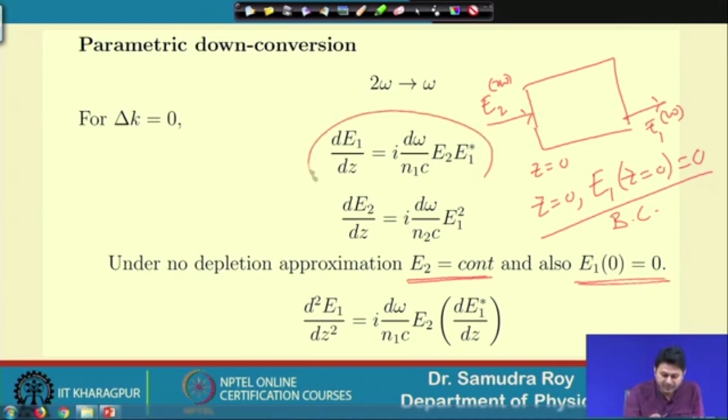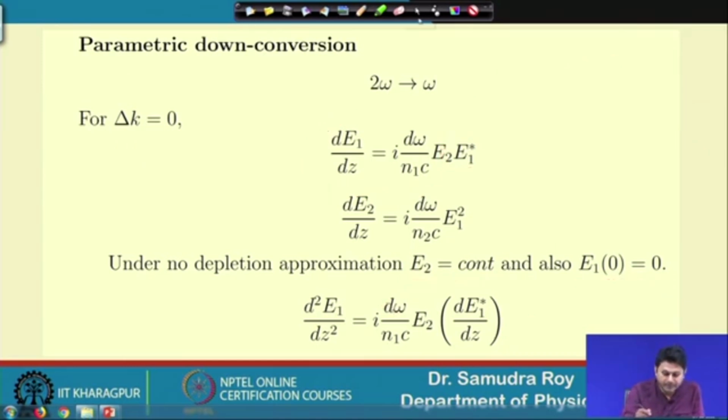We have this expression in our hand. So, what do we do? We take a second derivative to solve this equation. When we take the second derivative, one equation will come as d E 1 star d z. Here E 2 is constant, so there will be no derivative of this term.